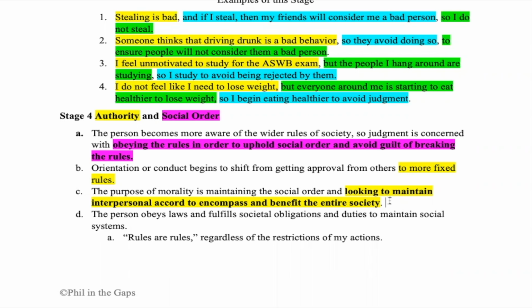So, in certain circumstances, you may break the law, even though it could get you arrested or incarcerated, because you want to benefit your family or improve your situation. So that's where people can wax and wane into these different stages depending on the environments and situations that they are in. So that's why it gets really complex depending on where you're looking at within Kohlberg's.